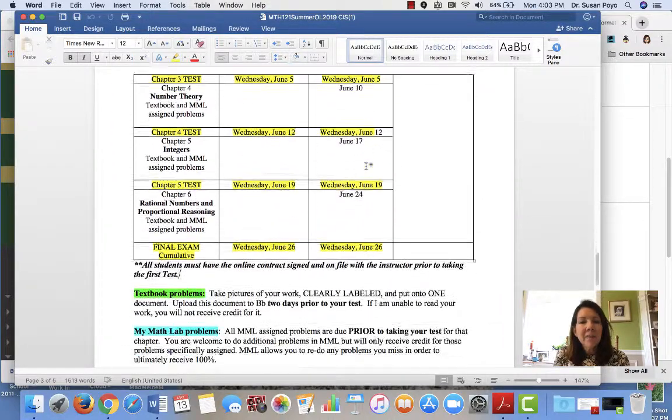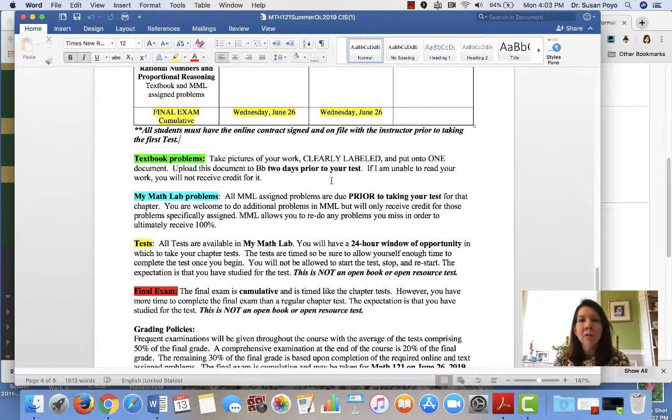Okay, then your textbook problems, you'll basically be taking a picture of them and uploading your picture. All of the instructions are in Blackboard. You just need to make sure that you read them all. If you have a question about one or two problems, or all of the problems for that matter, all I need you to do is circle it or put a big star next to it or something that'll indicate to me that you and I need to talk that through.